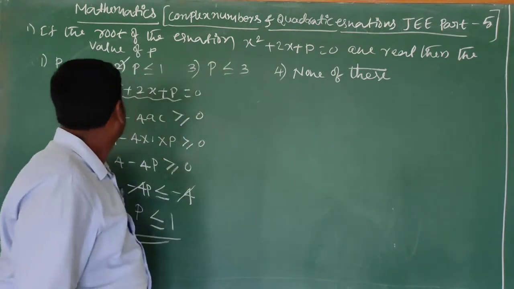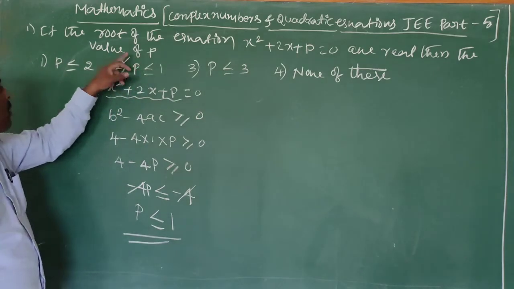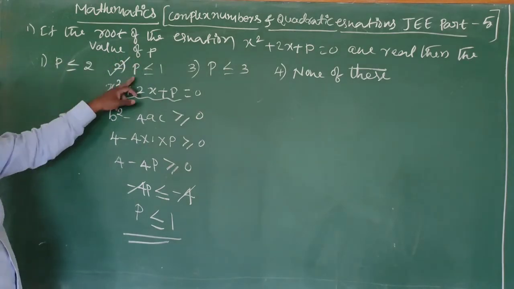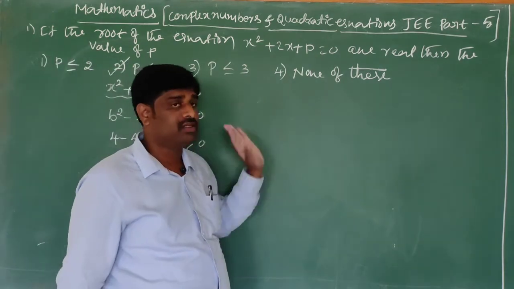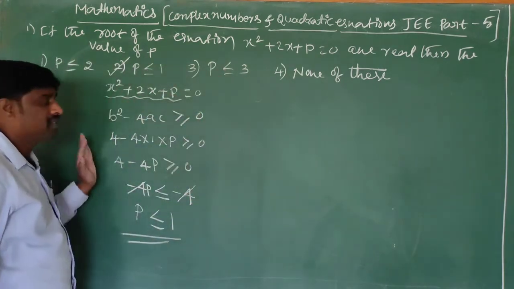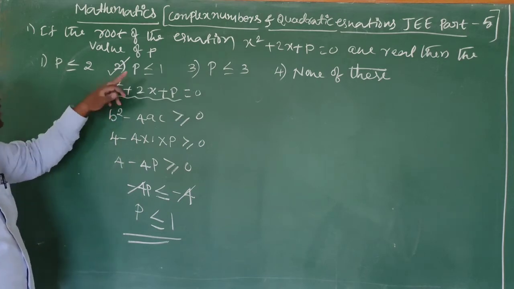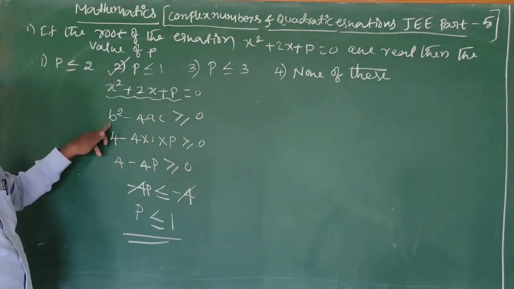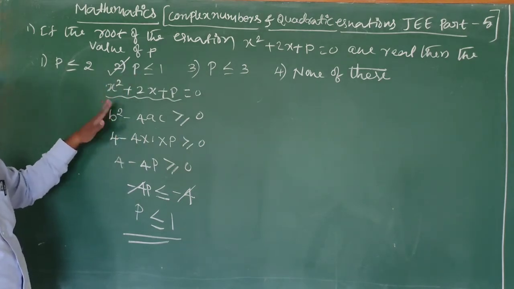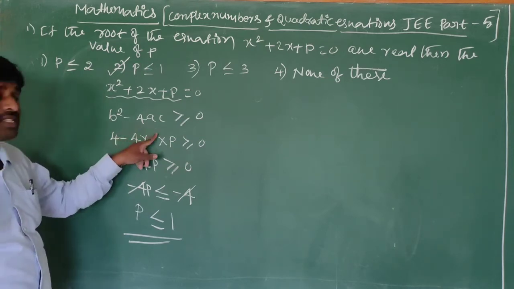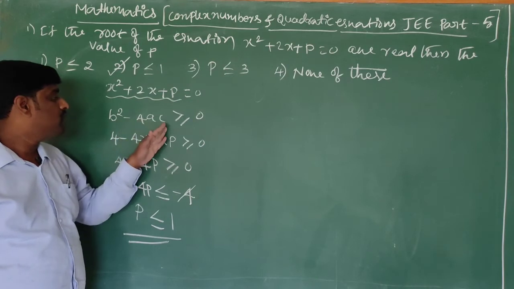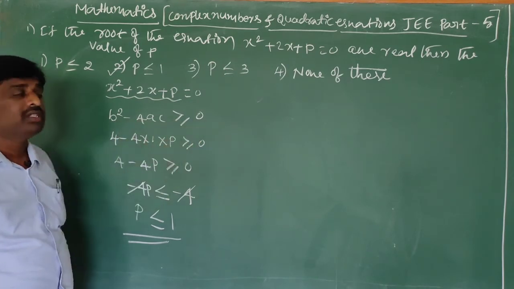So the roots of the equation x square plus 2x plus p is equal to 0 are real, then the value of p: p less than or equal to 2, p less than or equal to 1, p less than or equal to 3, none of these. Take the equation as it is. Now it is real, so we have to check the discriminant, D is equal to b square minus 4ac greater than or equal to 0.